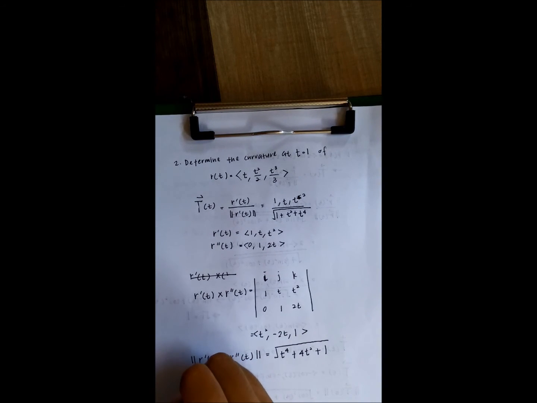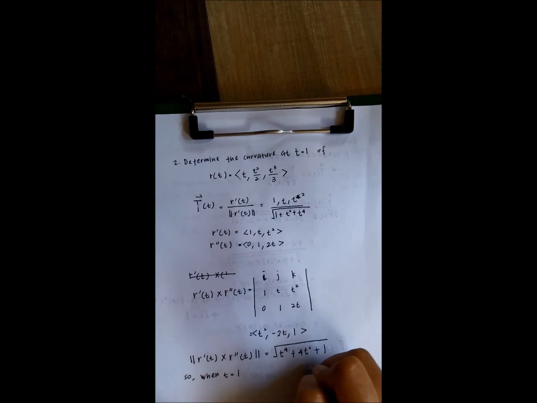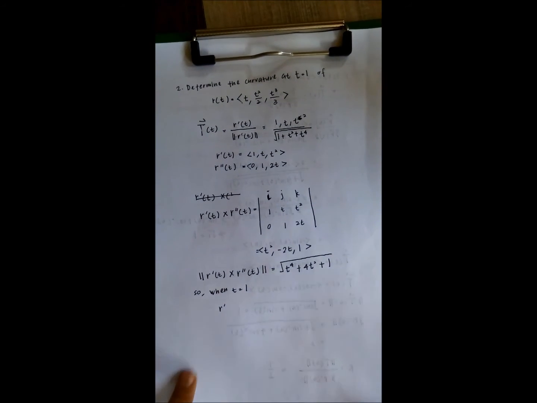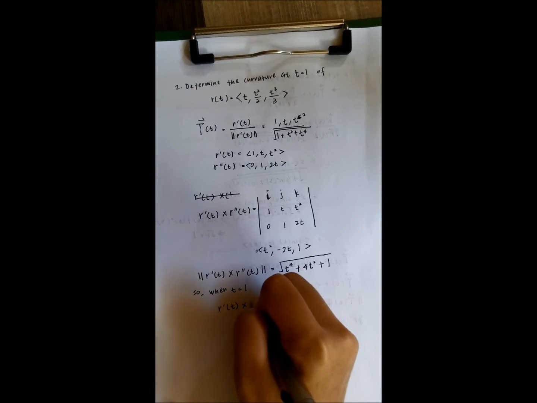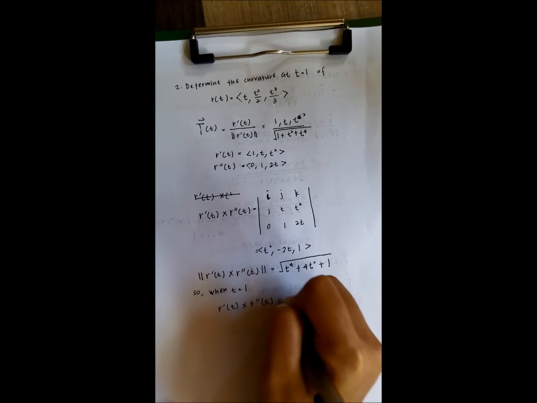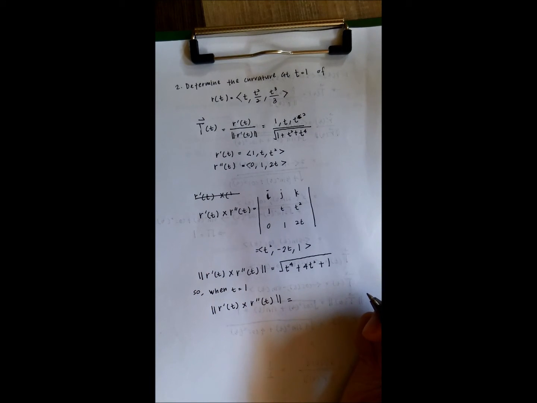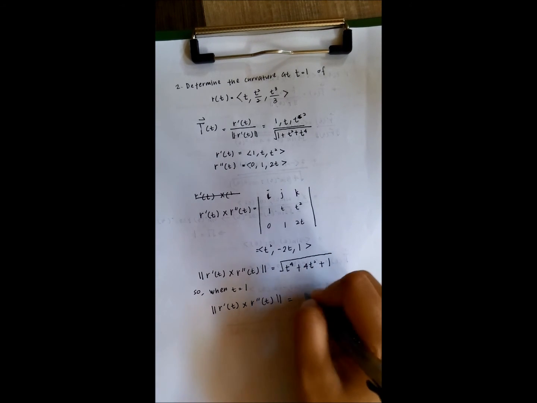So we put the value when t is equal to 1. The magnitude of the cross product will be square root of 6.